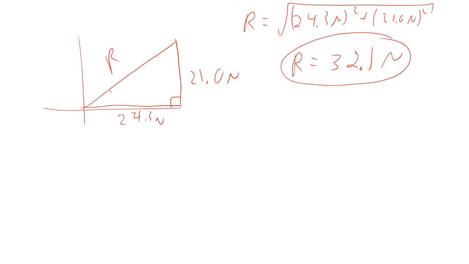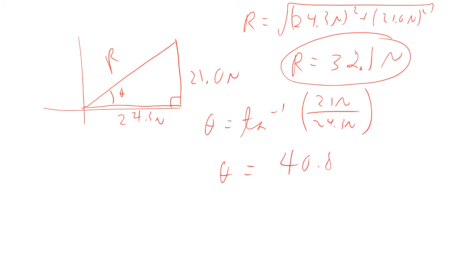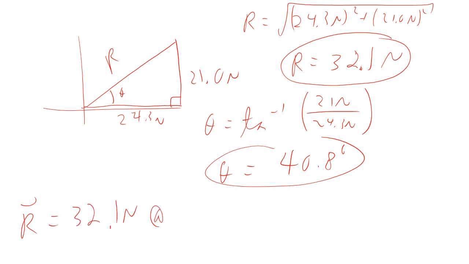What about the angle? Okay, so there's theta. To get theta, that's going to be the inverse tangent of 21 newtons over 24.3 newtons. So this comes out to be 40.8 degrees. And so we would then say that vector R is 32.1 newtons at an angle of 40.8 degrees from the x-axis.